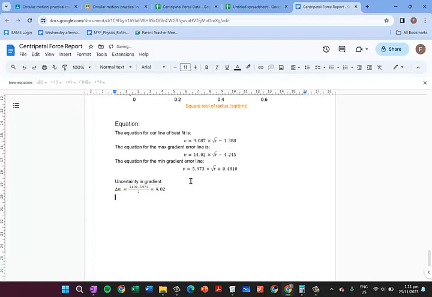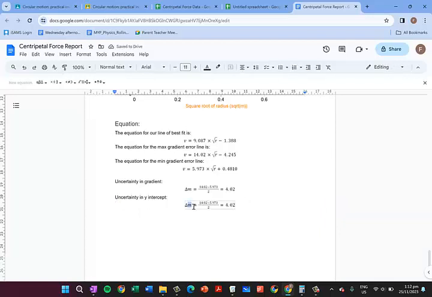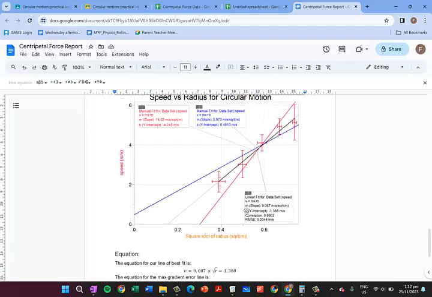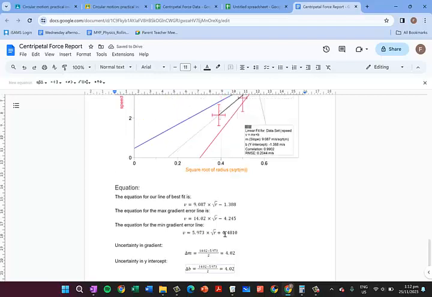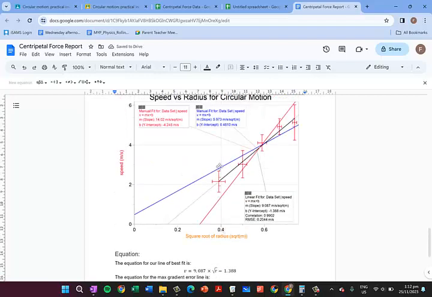Okay, and then we do the same for the y-intercept. Let's just center all of our equations here. And for this one, I can just copy because it's going to be the same format. So this is delta b or c or whatever we like to use. Here it uses b for y-intercept, so I'm going to say delta b. And the biggest y-intercept was 0.4810.